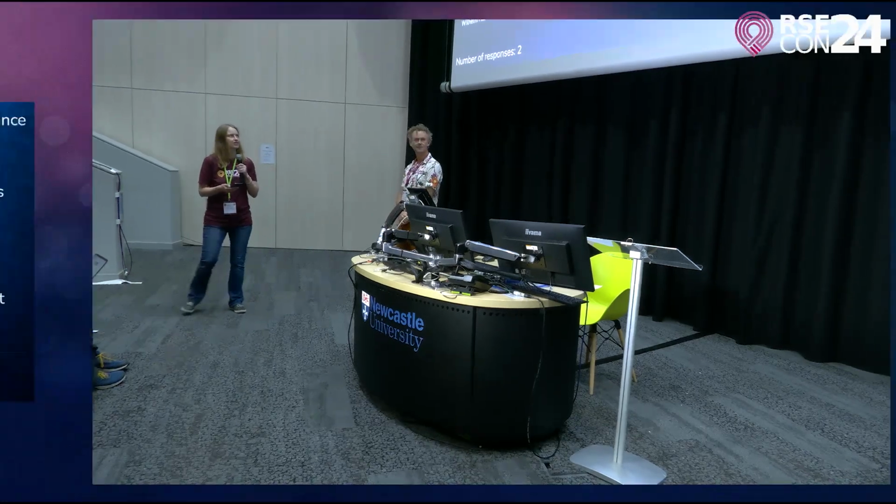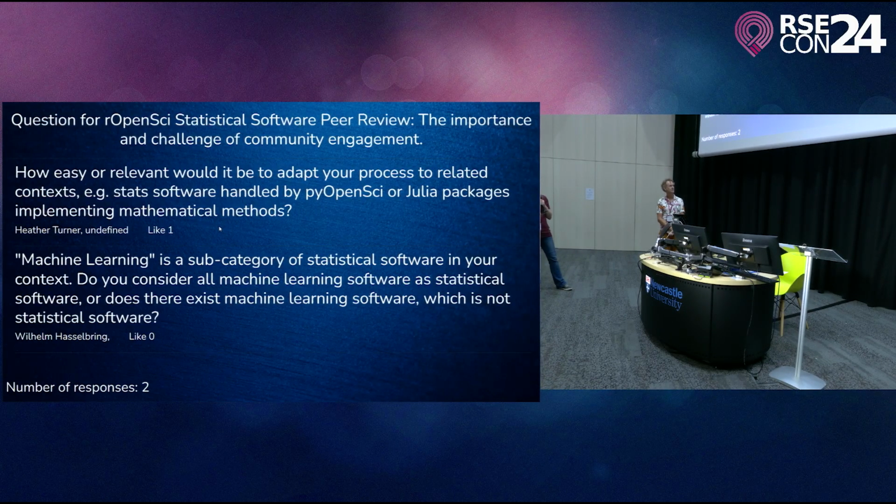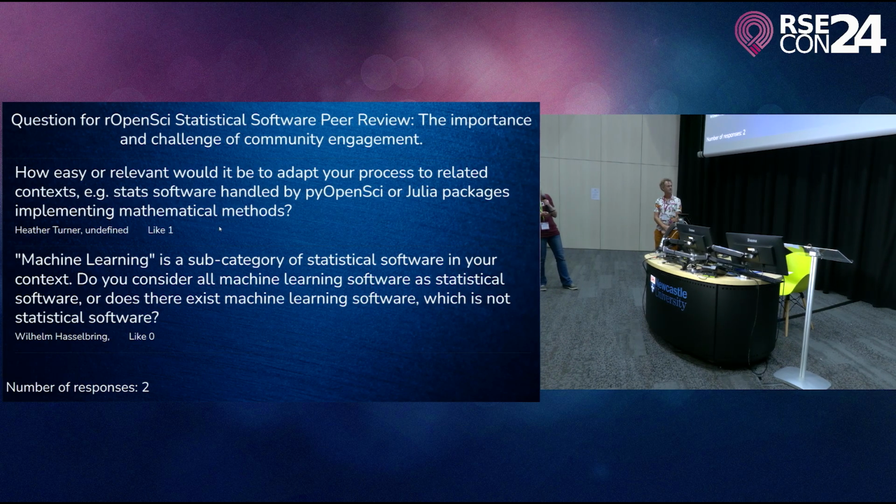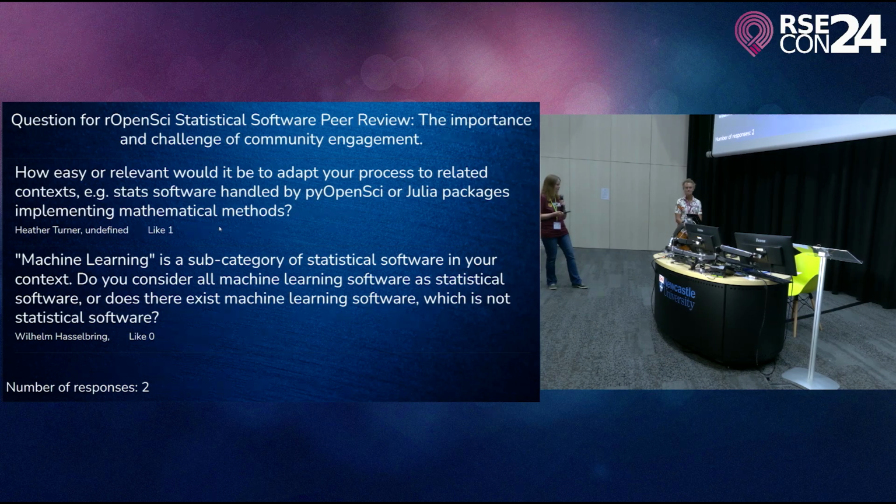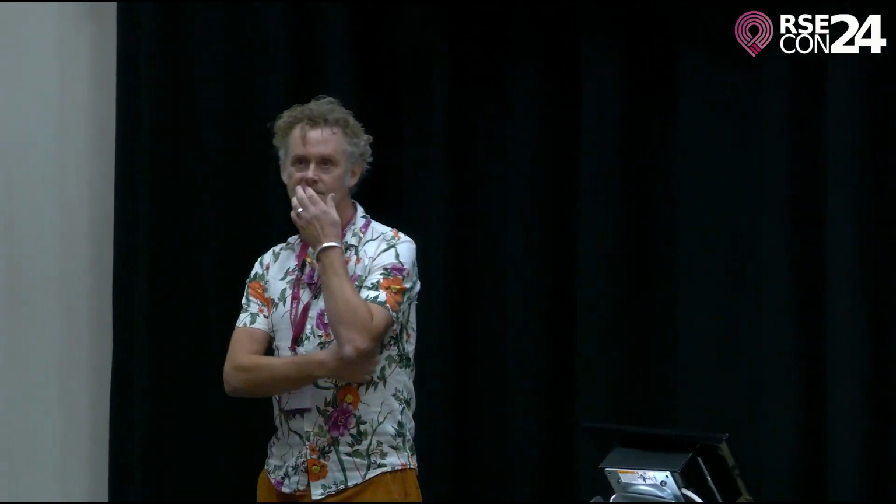Great, thank you. And there's another question. Machine learning is a subcategory of statistical software in your context. Do you consider all machine learning software as statistical software, or does there exist machine learning software which is not statistical software? Yes, of course there does. There exists a lot of machine learning software that's not statistical software. You'll have to excuse me, but you've seen there are 320 standards that I did write, but I don't remember the details of all of them.